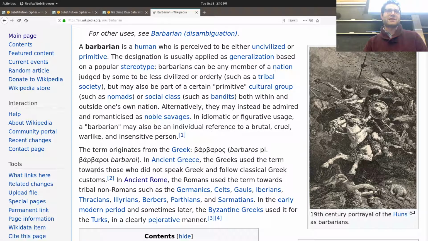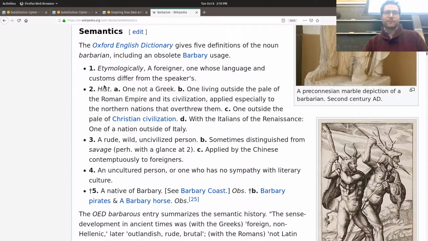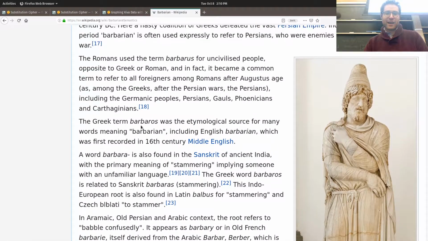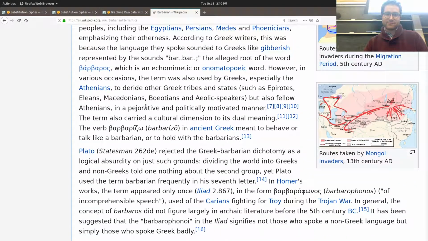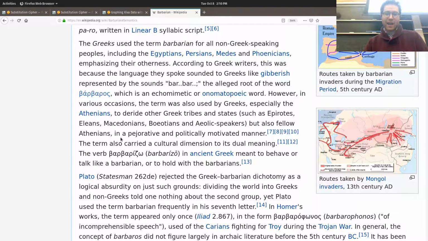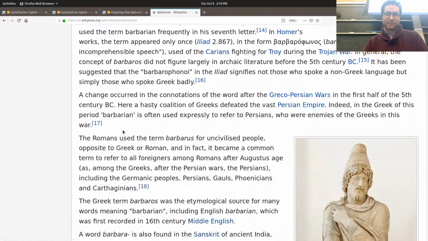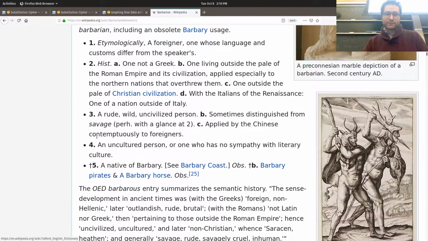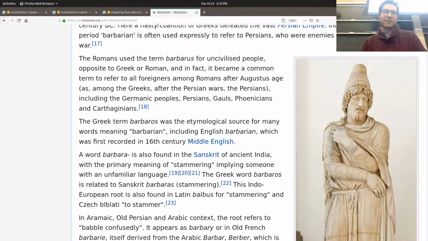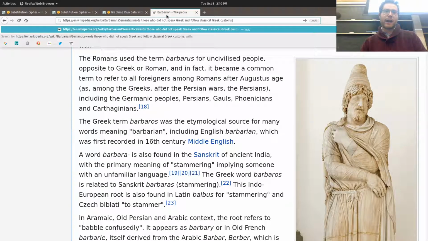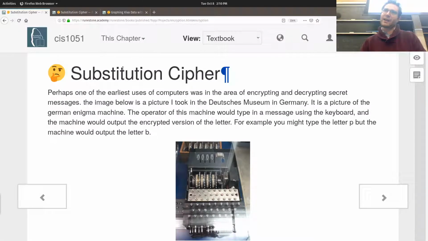In other words, the Greeks were like, anybody who's a barbarian just sounds like they're saying bar-bar to us, right? Because they don't speak Greek. Anyway, barbarians in this case means people who are not Roman and don't speak Latin.